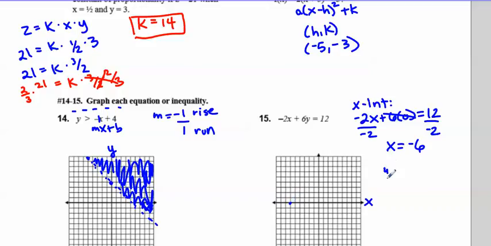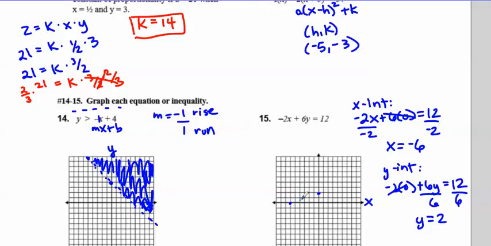To find your y-intercept, you want to make the x 0. So -2 times 0 plus 6y equals 12. -2 times 0 is 0, so that's gone. 6y equals 12, divide both sides by 6, and we get y equals 2.